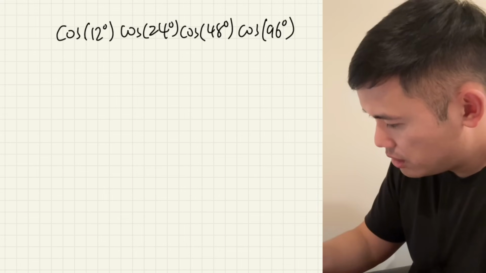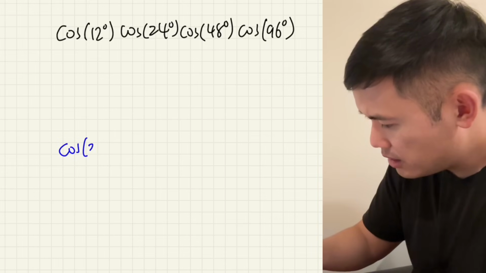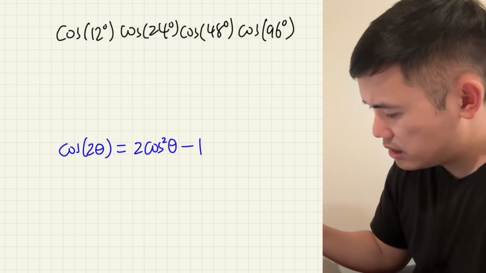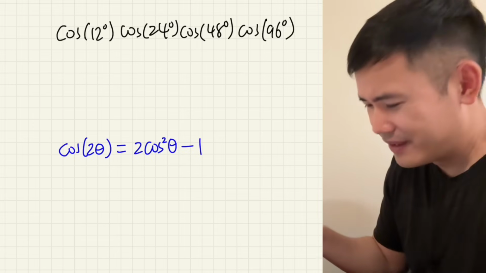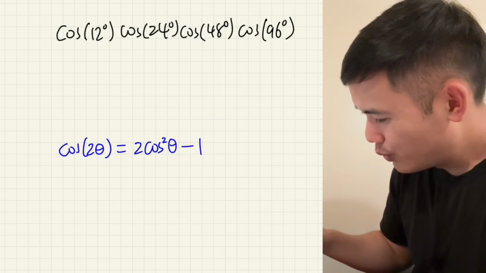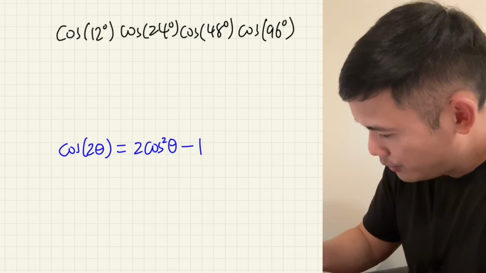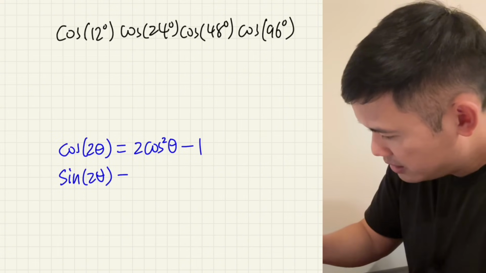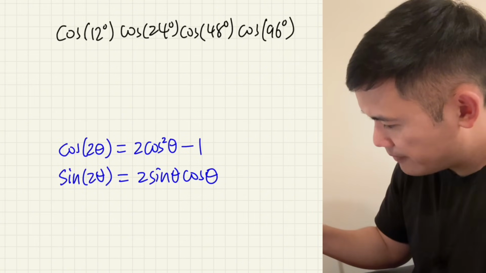So if we recall the double angle identity, cosine 2 theta will be 2 cosine squared theta minus 1. But I don't really think this will be useful, because it looks like we will make the expression harder. However, if we look at sine of 2 theta, this is 2 sine theta cosine theta.